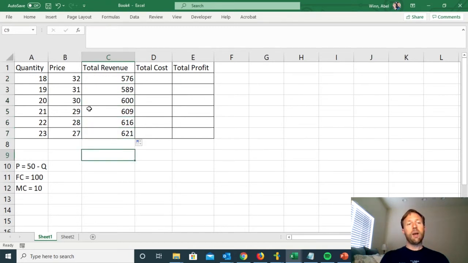Okay. There is another way of doing this. If you note that total revenue is equal to price times quantity, and then we also know that price is 50 minus Q, I could substitute 50 minus Q into this equation for total revenue. Right?